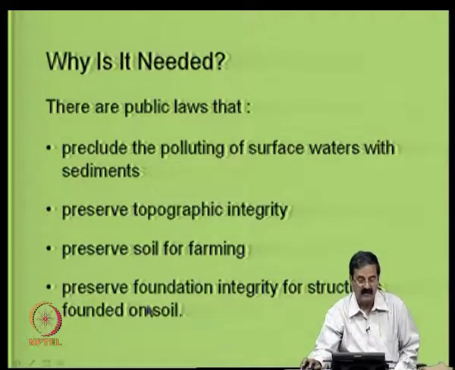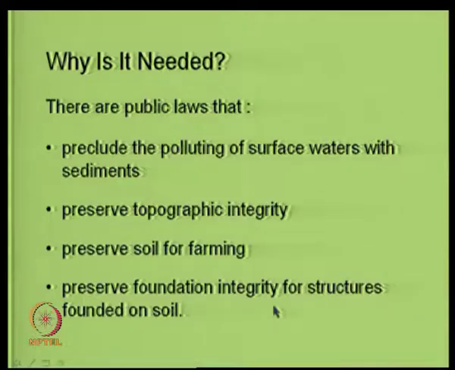Then another important thing is that the foundation integrity is to be maintained. Suppose you have a river bed, you have a foundation there, and close to the foundation area, the soil should be protected. If it starts eroding, then the foundation stability is in danger.